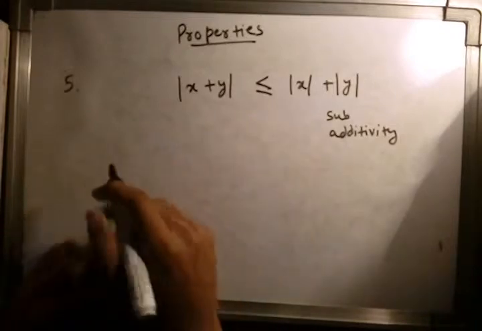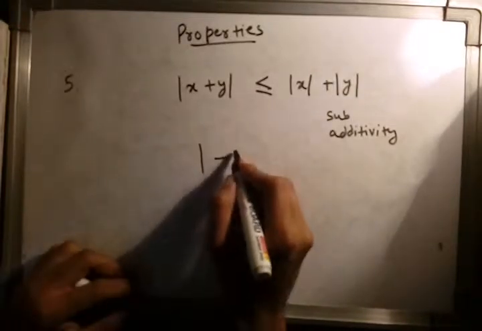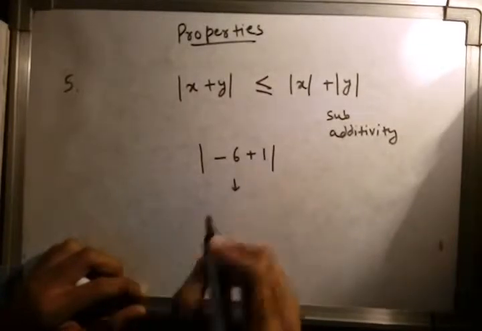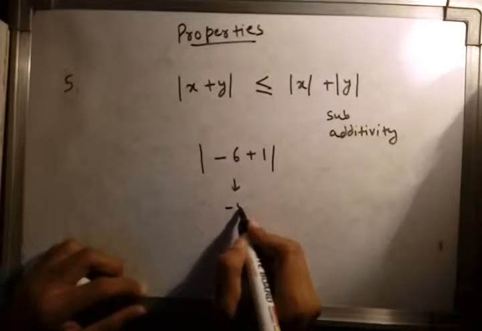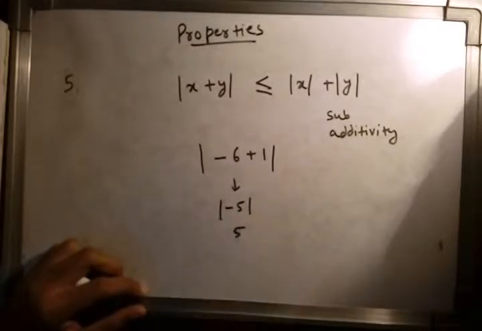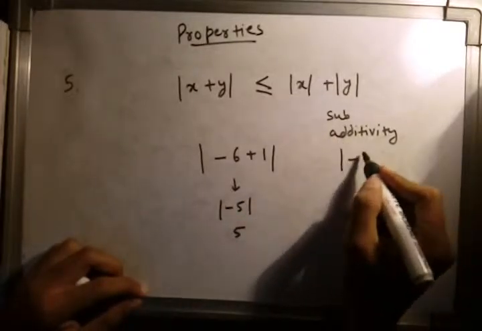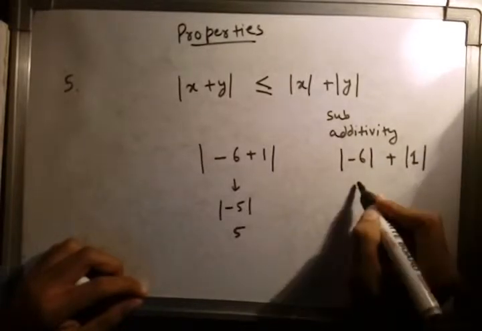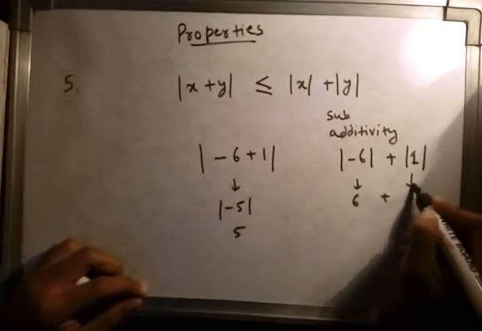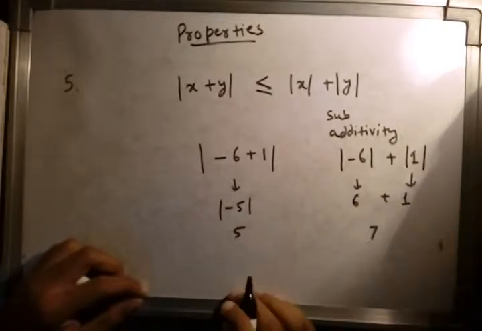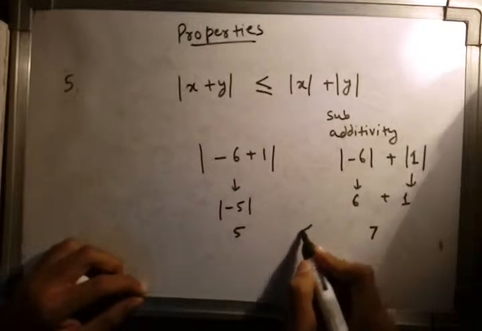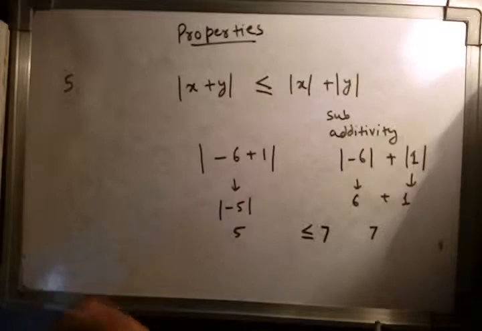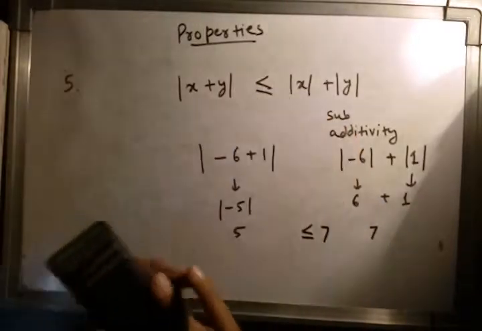Let's try it with an example, like modulus of -6 plus 1 is equal to mod of -5, and it gives 5. On RHS it gives modulus of -6 plus modulus of 1, which is 6 plus 1. It gives 7. So we can see that 5 is less than or equal to 7. And if we are thinking about the max case at which this is equal, let me show you.